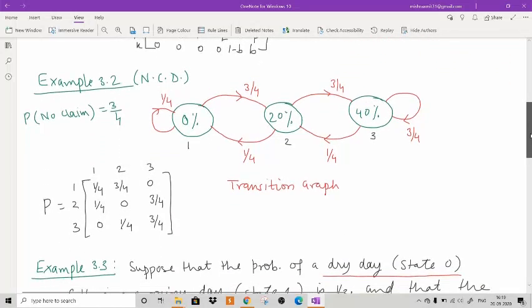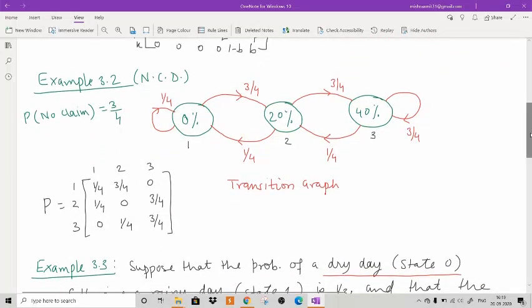So, second example, we have already gone through this example in the introduction lecture, no claim discount. Now, there are three possibilities: 0% discount, 20% discount, and 40% discount, and the rules are: all new policy holders will be in 0% discount, and if a policy holder does not make any claim in the current year, he or she moves to 20% discount, that means 1 upward.